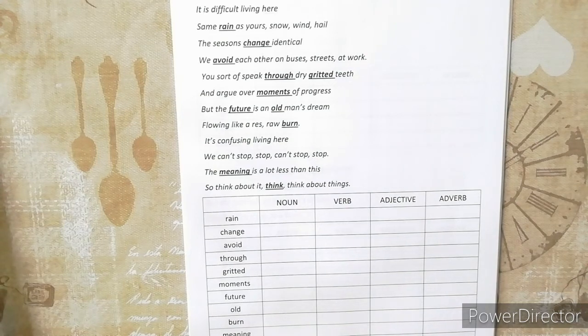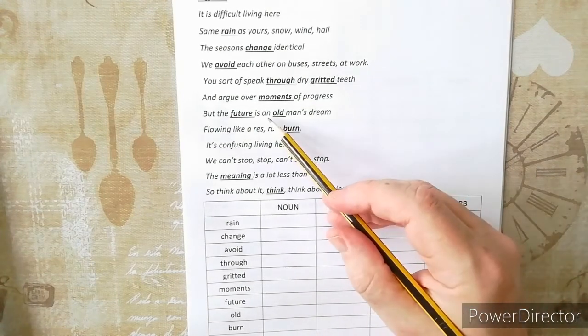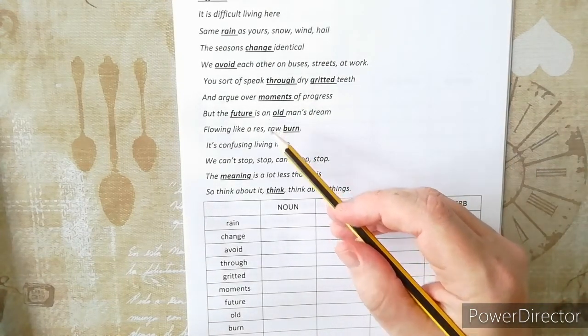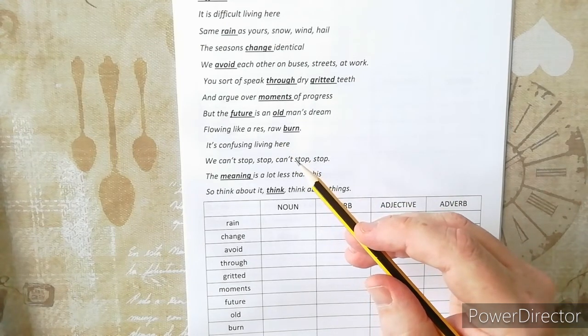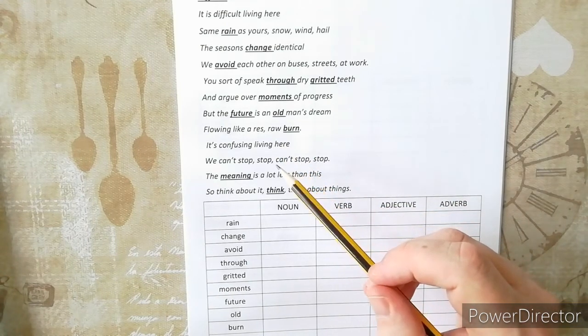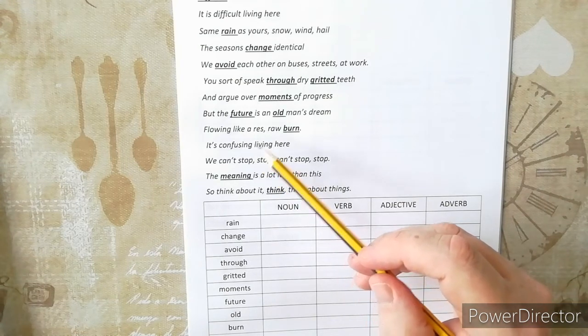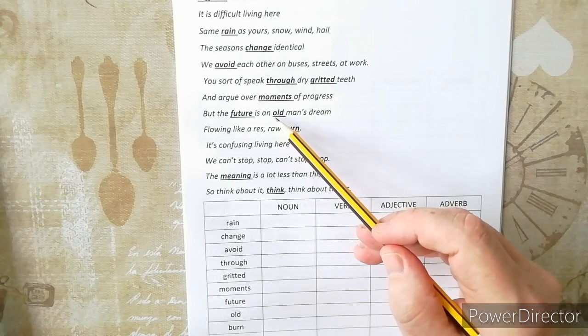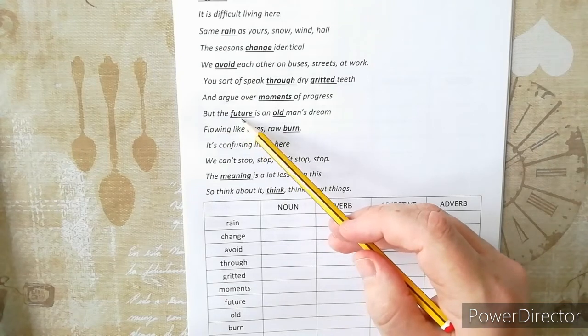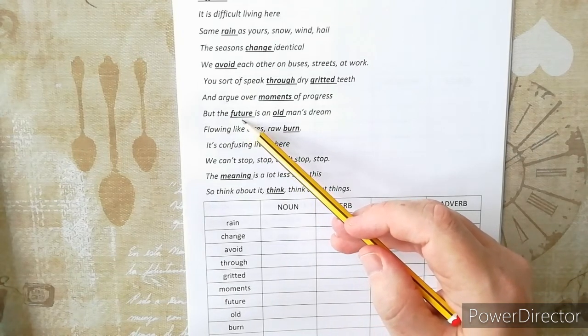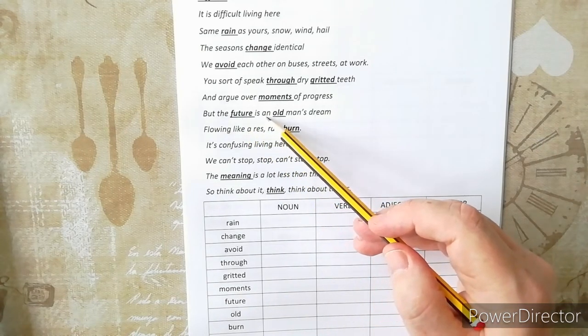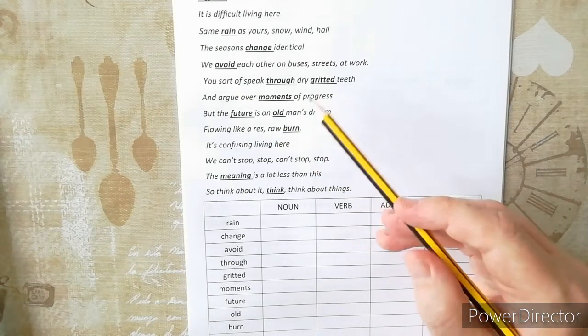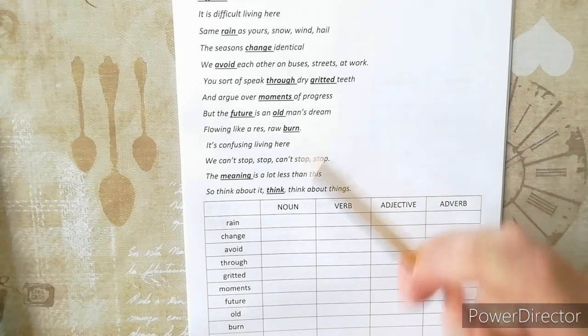Now I can also see something similar with words like an or a. So take a word like a or an. You use an, remember, if the next word begins with a vowel, which this one does. But the future, so there's your noun, is an old man's dream.